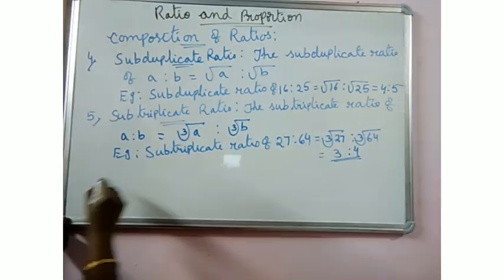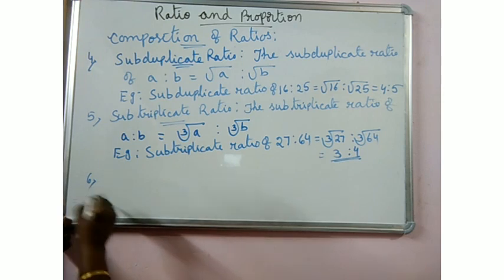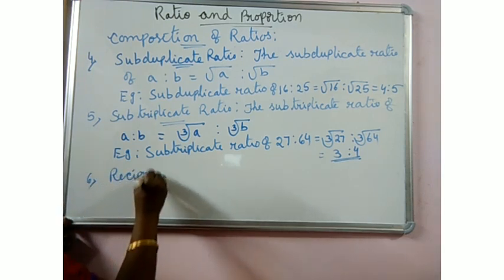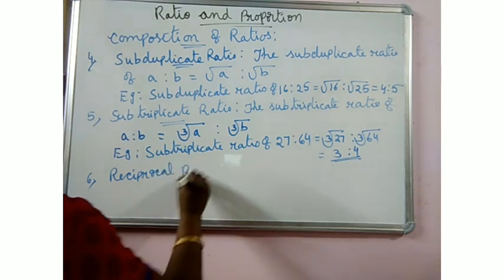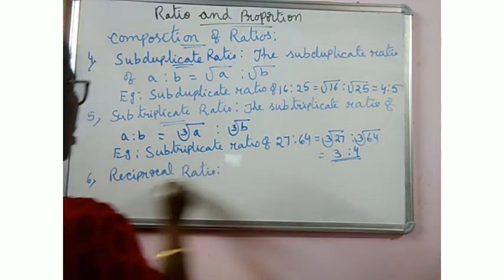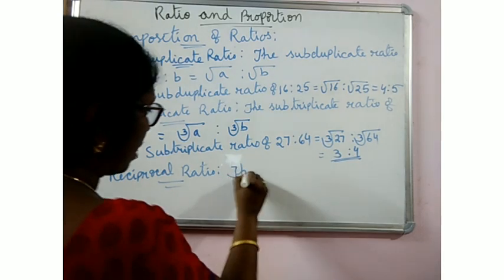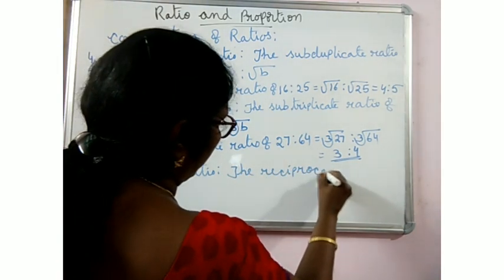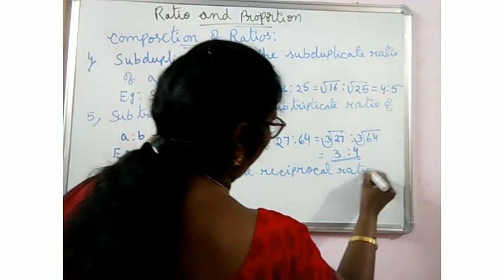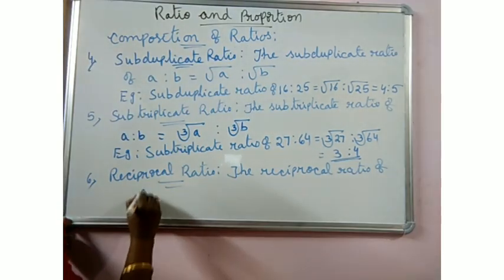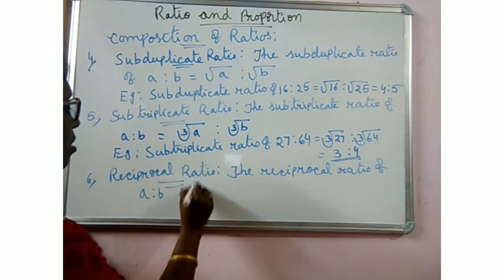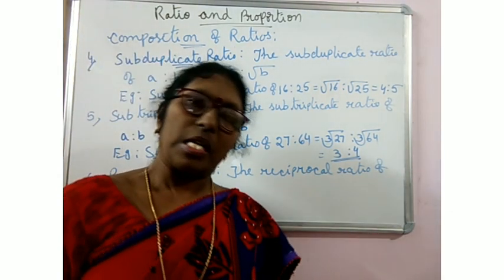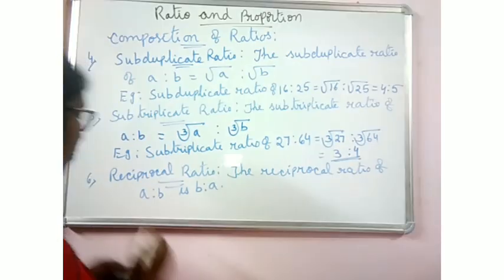And your last kind of ratio is reciprocal ratio. The name itself tells you what is this. Okay. The reciprocal ratio of A is to B is B is to A. First term will be the second term, second term will be the first term.